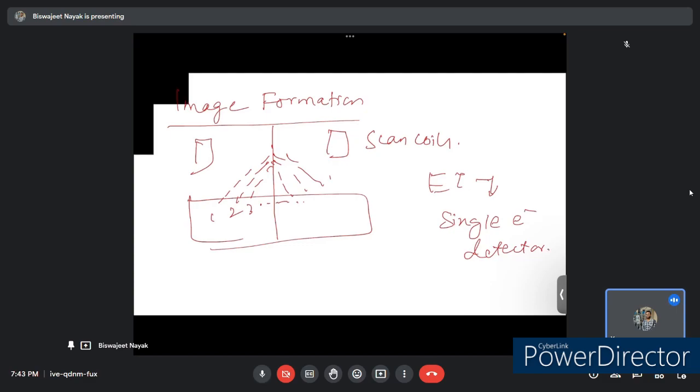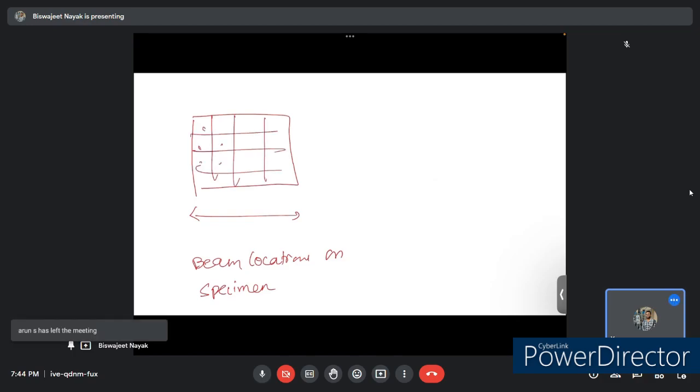So how is this scanning action done? We have beam locations on the specimen, which we also call specimen pixels.